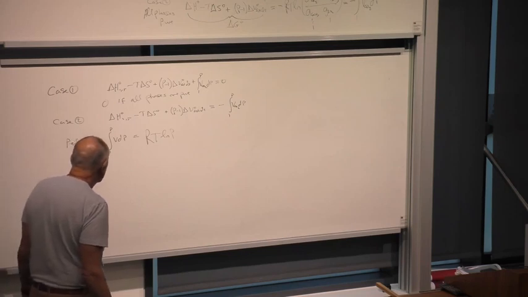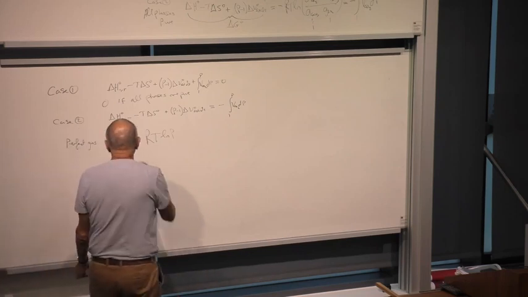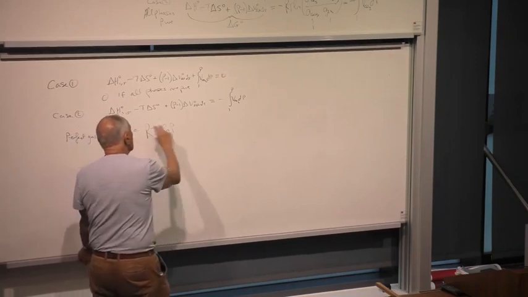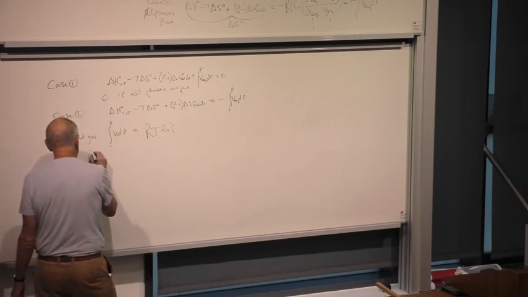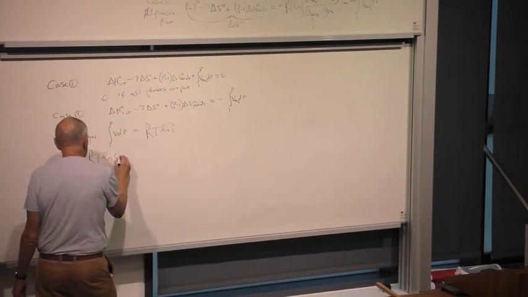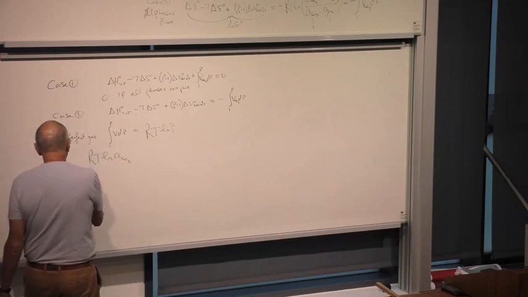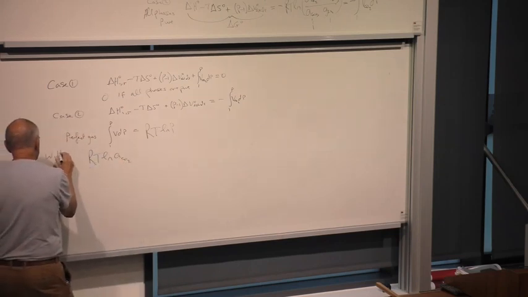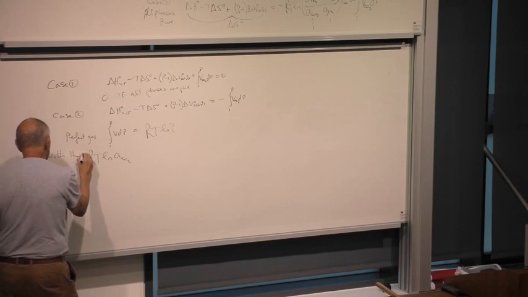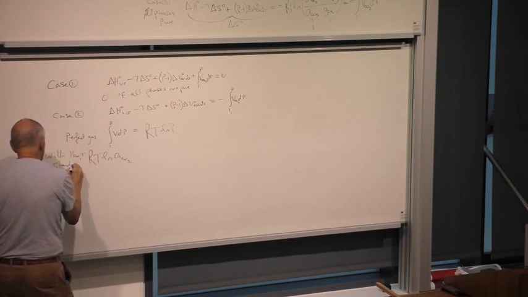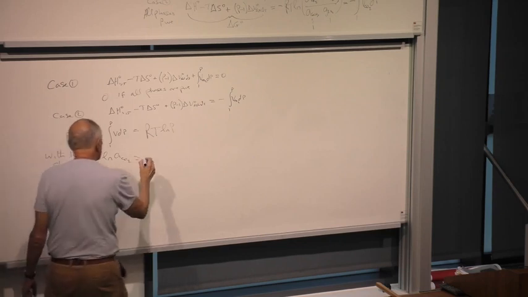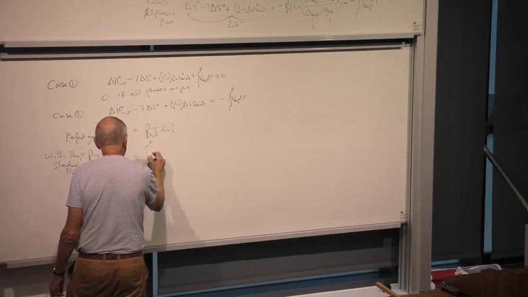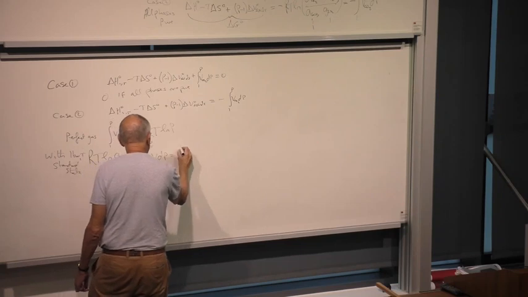So in case 2, this is RT ln A. So RT ln A CO2 with a 1 bar standard state equals the integral from 1 to P of V dP equals RT ln P.